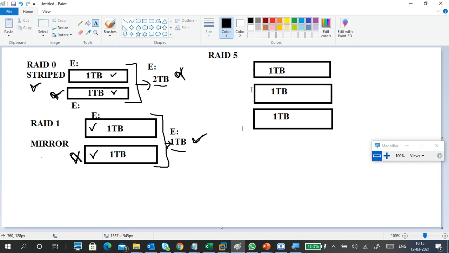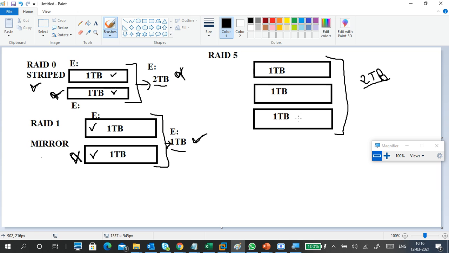This is one disk, another disk, another disk. I combine all the disks, and I will get 2 terabytes of space only. I combine three, each one is 1 terabyte, and I'm getting 2 terabytes of space only.